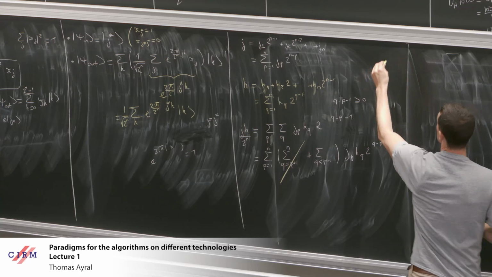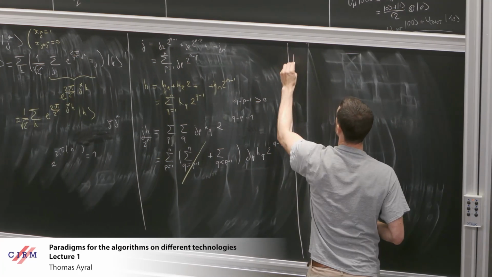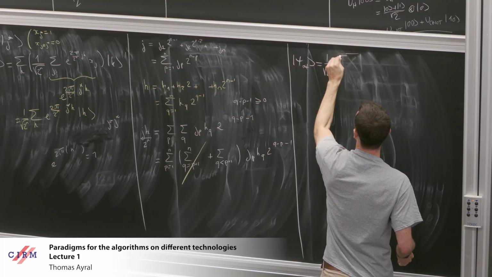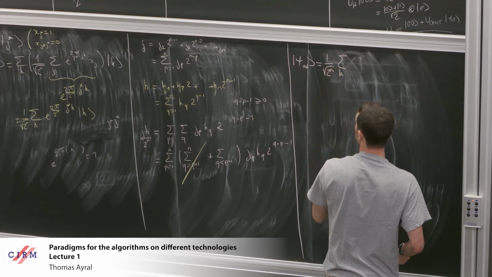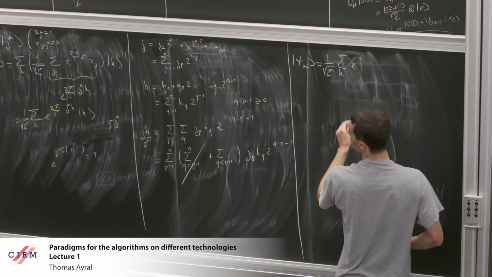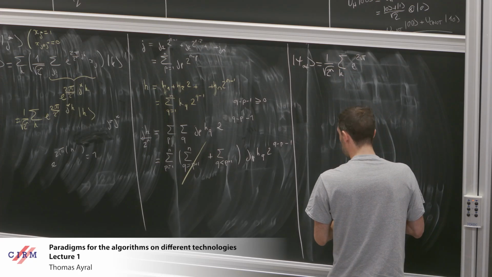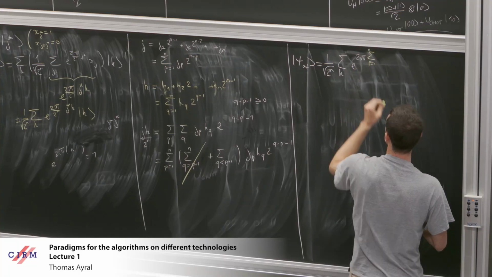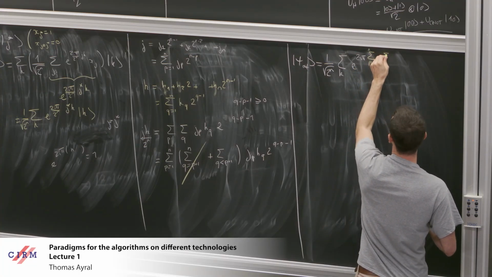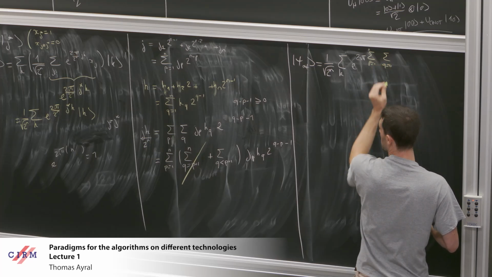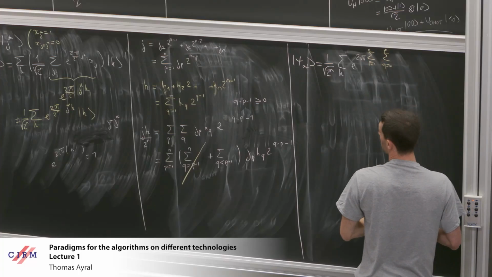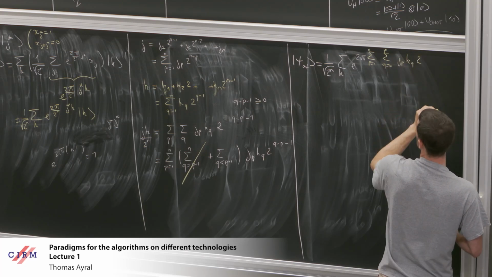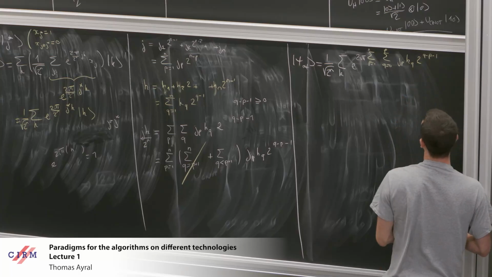So in other words, now my psi out is 1 over square root 2n sum over n of k of exponential of 2i pi, oops, and then sum over p from 1 to n, and then sum over q from 0 to p of jp kq times 2 to the q minus p minus 1.